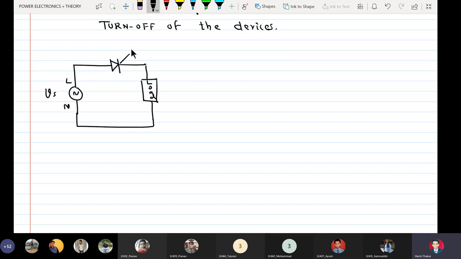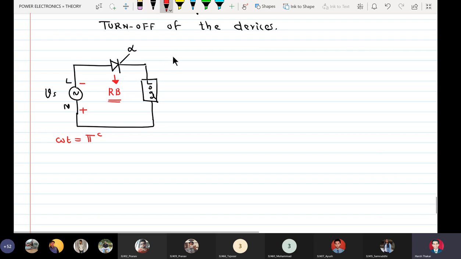Okay, so here I am having a firing angle alpha. So in this system, as soon as negative half cycle starts at omega t equal to pi radians, SCR becomes reverse biased. You know that SCR is a unidirectional device and it can conduct, if at all, only if it is forward biased.